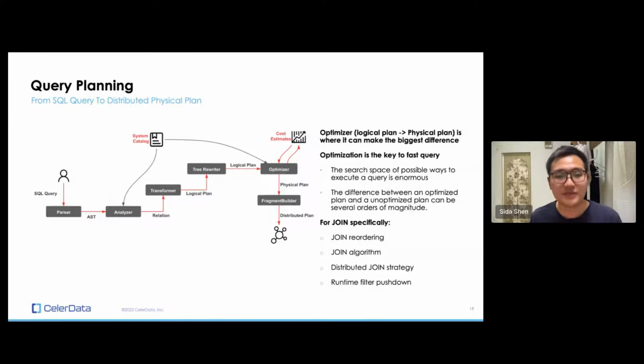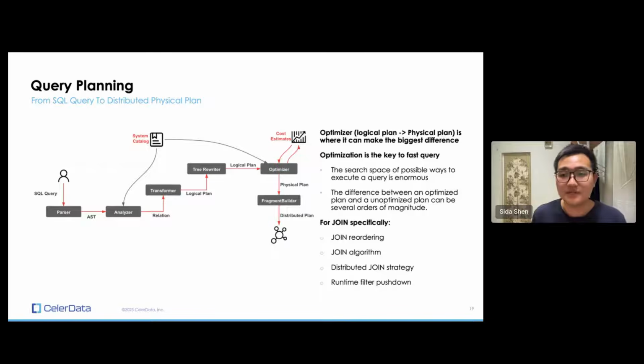First, your SQL query hits a parser, and a syntax tree is generated, right? Then the transformer generates a logical plan, right? And your optimizer generates a physical plan from the logical plan. Here, the real optimization happens from the logical plan to the physical plan, right?